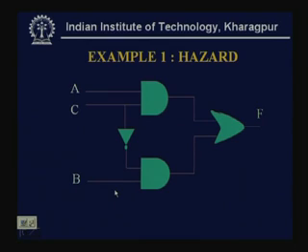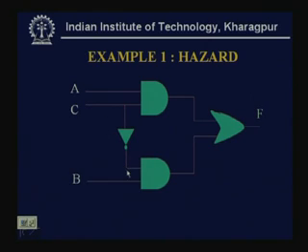Now, if we draw the logic circuit, this is a 2 AND gate whose inputs are A and C, and B and C dash. C dash I am taking as if the input is coming from C and by introducing an inverter in between.